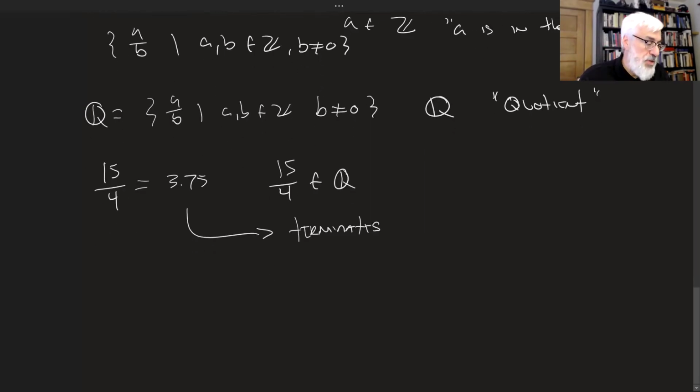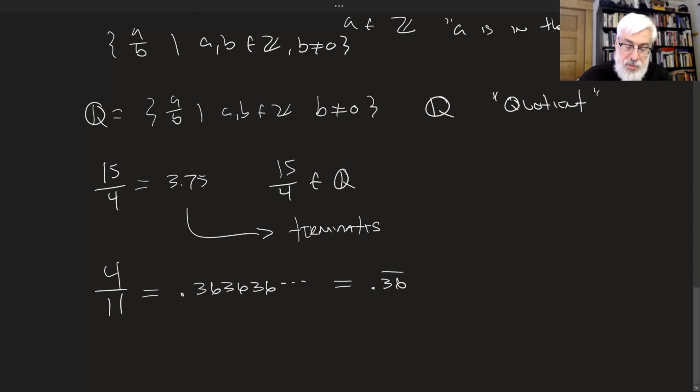Let's look at something a little more tricky. 4/11 is 0.363636, and so on. It doesn't stop. It's always 3636. We write this when it repeats: we put a line over the parts that repeat. So 3 and 6 repeat, 0.36 repeating.